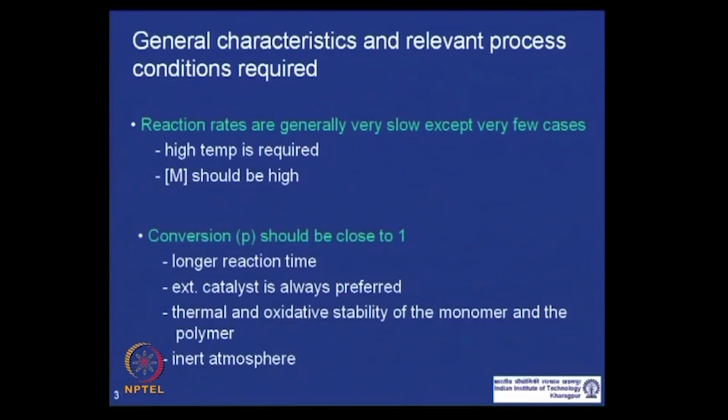So, it is always preferred that thermally stable monomers be utilized in the polymerization. We also know that at high temperature, if there is a presence of oxygen, then thermo-oxidative degradation is a very feasible way of degrading any organic molecules.